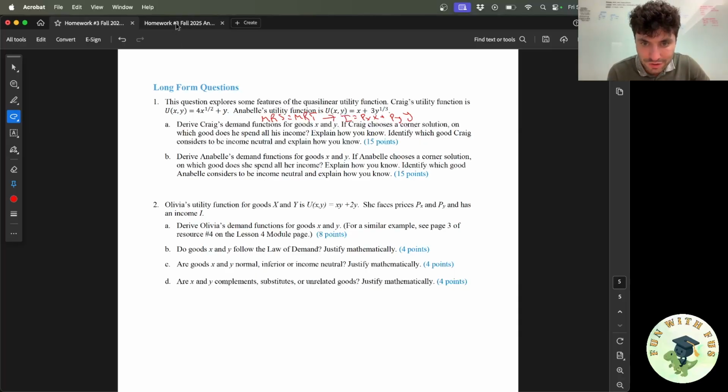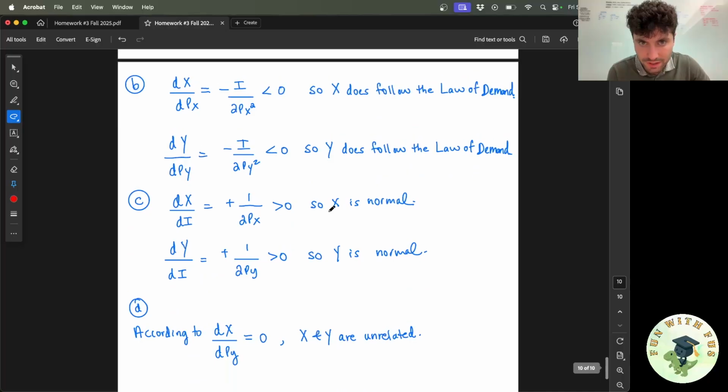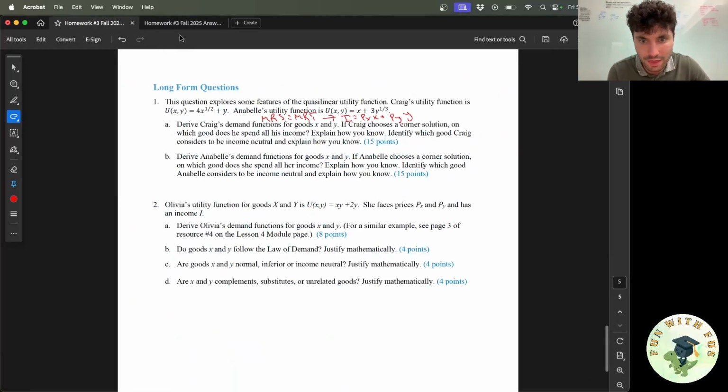And for this, we're just looking at derivatives again, so hopefully you're familiar with derivatives. I'll just drive home that for the law of demand, I'm always looking at my own price. For whether something is income related, normal or inferior, I take a derivative with respect to I. For complements, substitutes or unrelated, this vocabulary would be the opposite price.